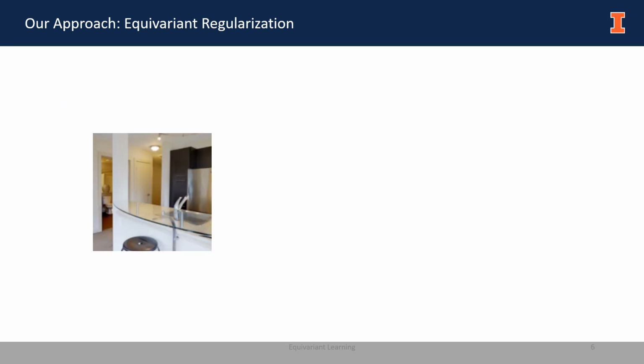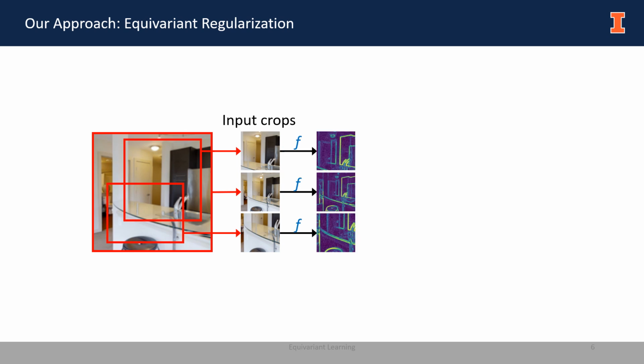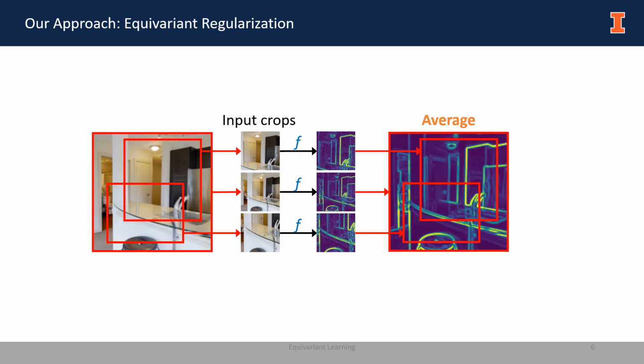Here is an illustration of our equivariant regularization approach. For this input image, we can have three different random crops. We feed all of them into the network F to get some kind of feature map. Then we take the average of the three by aligning them to their proper locations.